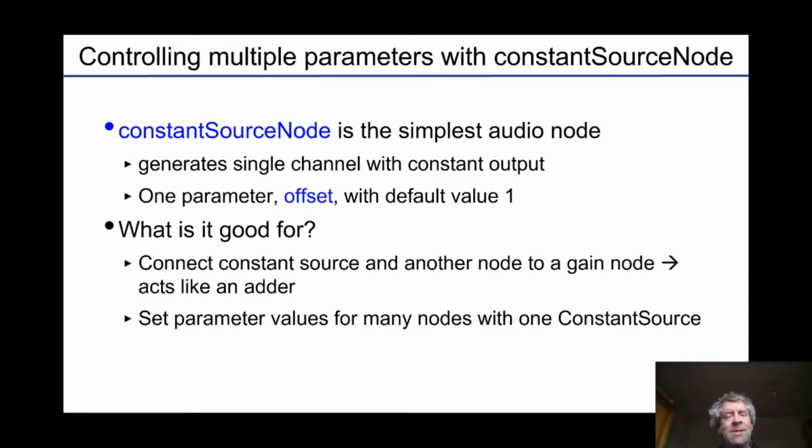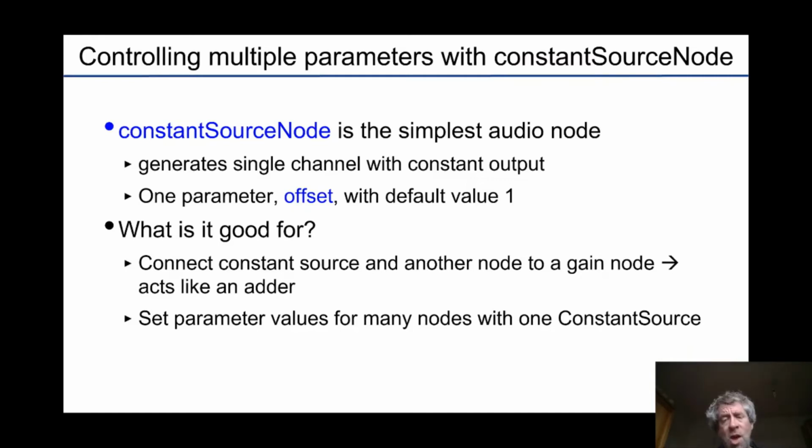It simply adds that value to whatever was the other node. Similarly, if you connect a constant source to the gain parameter of a gain node, then it acts like a multiplier. But you don't really need the constant source to do that, because you could have had just the gain parameter directly modified to multiply.